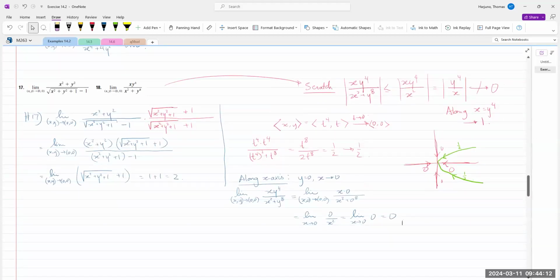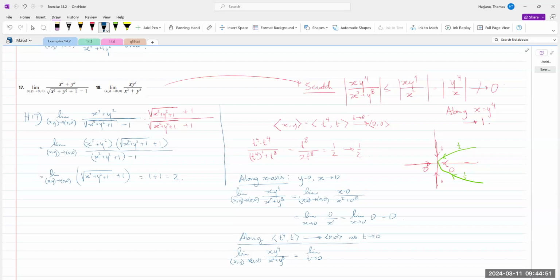But when we go along (t to the 4, t), which approaches (0, 0) as t goes to 0, then we get the limit as (x, y) goes to (0, 0) of x y to the 4th over x squared plus y to the 8th equals the limit as t approaches 0.